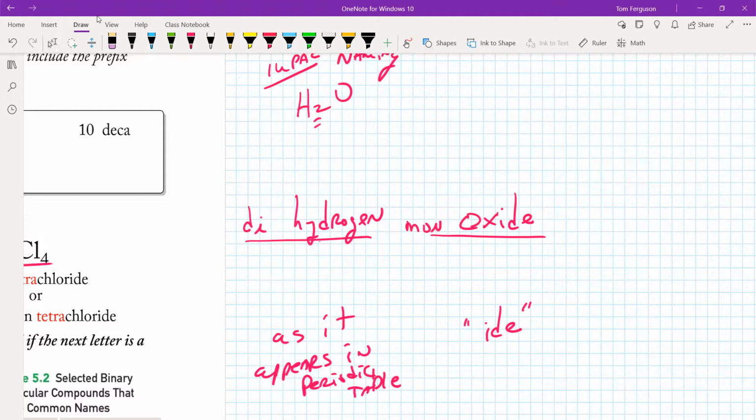So this comes from the periodic table. This comes from my common ion chart below, which you can have, by the way, for the test.